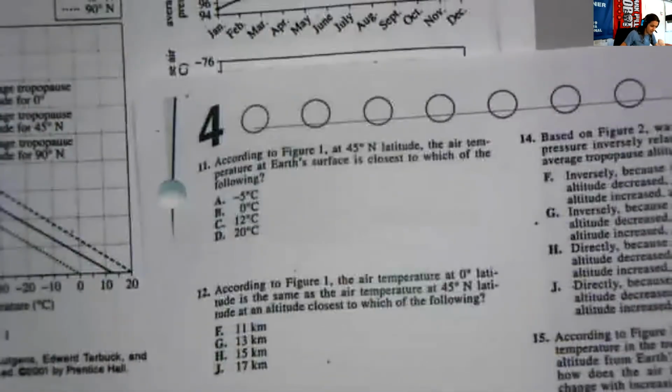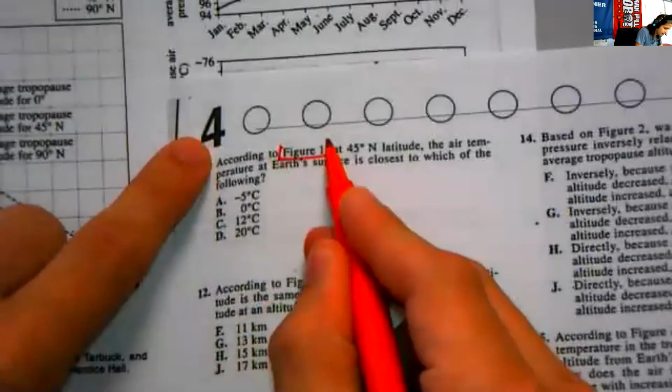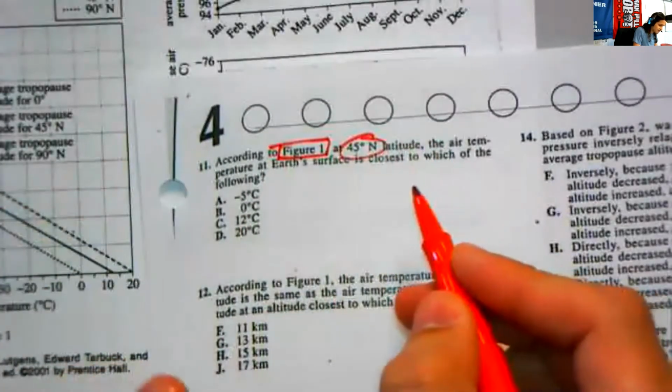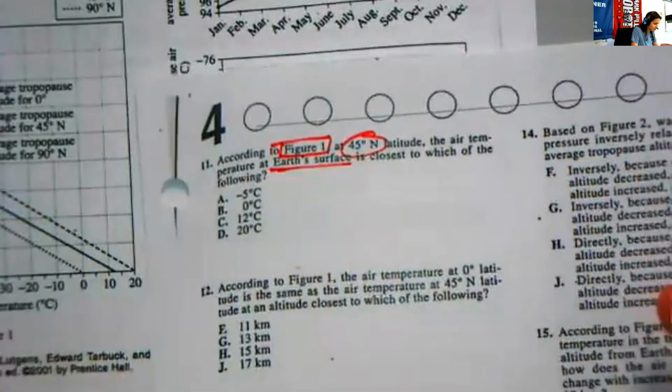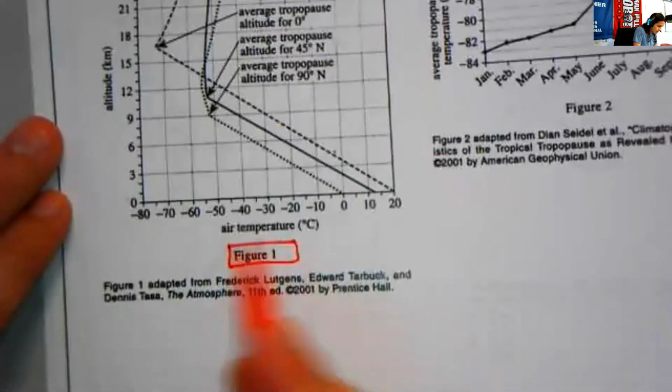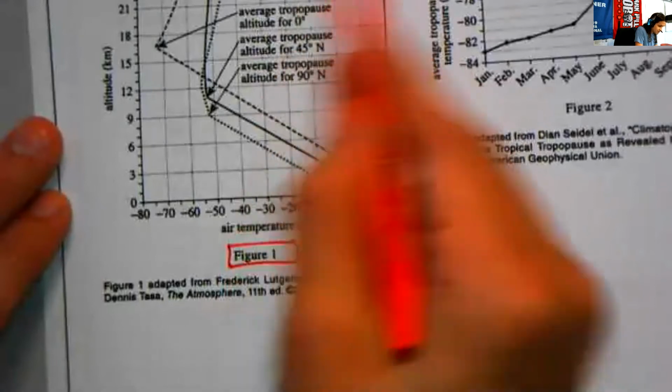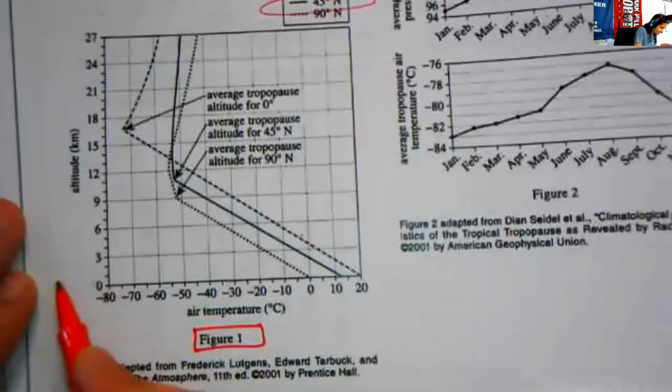All right, so number 11, let's go ahead and get started. According to figure 1, at 45 degrees north latitude, the air temperature at Earth's surface is closest to which of the following? Okay, well, where's the surface? Okay, figure 1. 45 is the solid line, you'll notice. Where's the surface? The surface is 0.